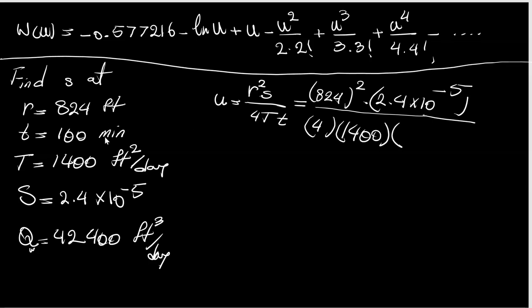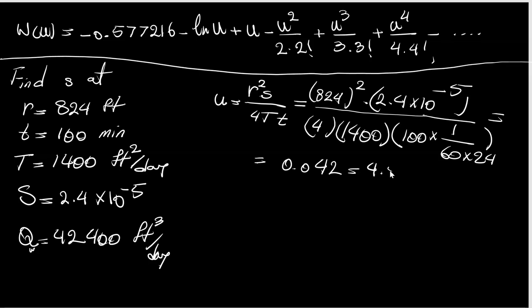You need to be careful and be consistent with the units, so let's use everything in terms of day. So t will be 100 minutes divided by 24 times 60, which equals 0.042, or 4.2 times 10 to the negative 2. So this is my u that I calculated.